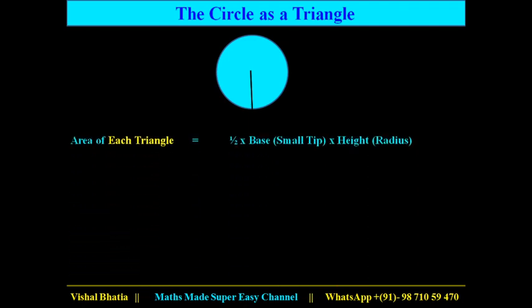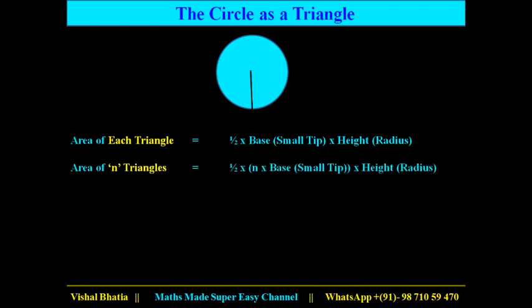The first thing is that the area of each triangle, by the definition of the triangle mentioned in slide number 1, is equal to half multiplied by base, which is actually a small tip on the circumference, multiplied by height, and in this case height is the radius of the circle.